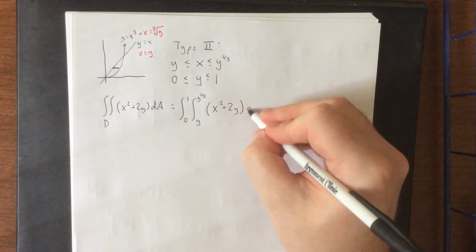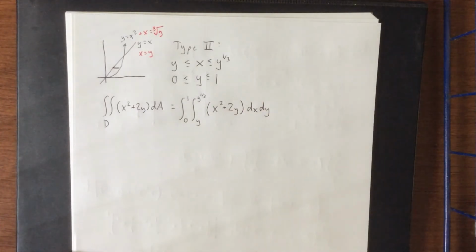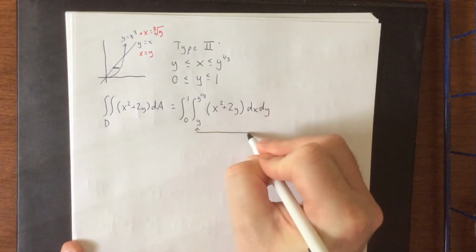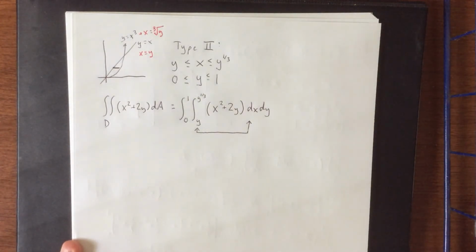First integral is going to be dx, second integral is going to be dy. So, hopefully when all is said and done, our final answer will still be 23/84, indicating that I'm either right or I screwed something up so perfectly that it looks like I'm right.